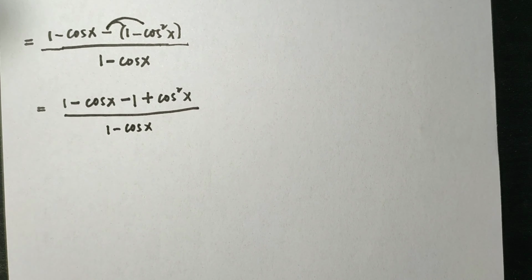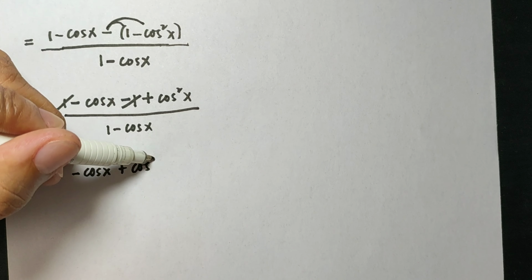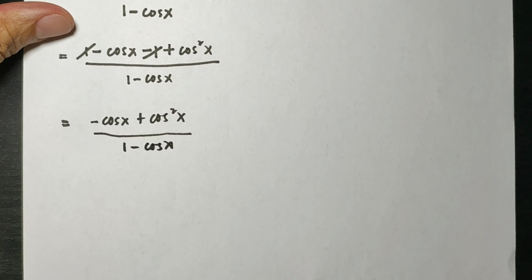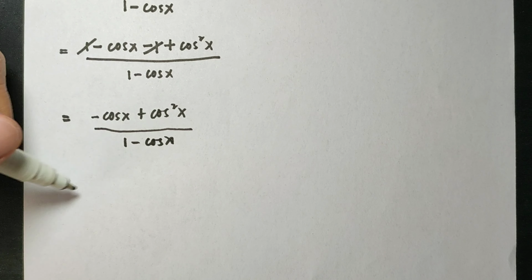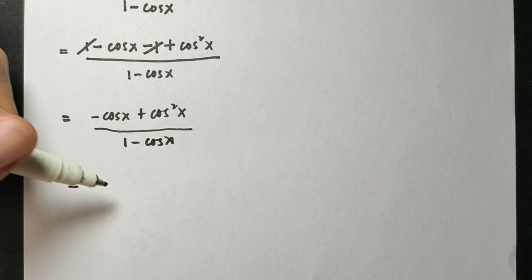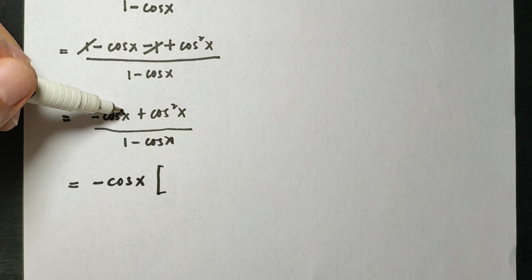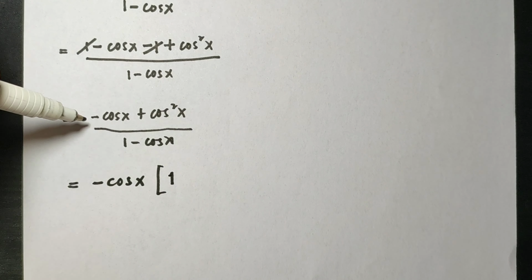Okay, now you can see that there are similar terms. 1 minus 1, that is 0. The remaining terms, we have negative cosine x plus cosine square x all over 1 minus cosine x. So at this point, you can see that there is a common factor, which is cosine x, or we can use the negative cosine x. So negative cosine x, to make it negative cosine x, we need 1, since negative cosine x times 1 is still negative cosine x.